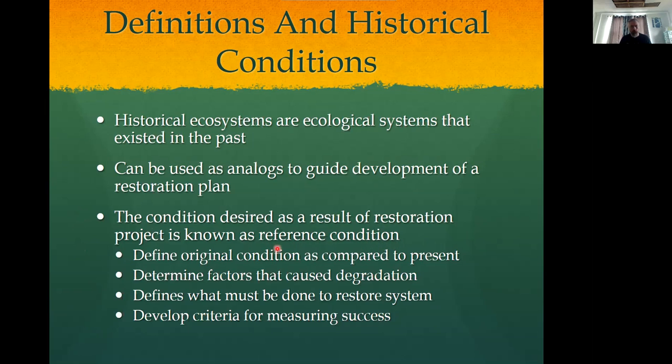In order to define this reference condition, we need to do four things. We need to define the original condition, as compared to what it is now. We need to figure out what happened to change the original condition to what it is now. We need to figure out what we're going to have to do to make now look like it used to look.